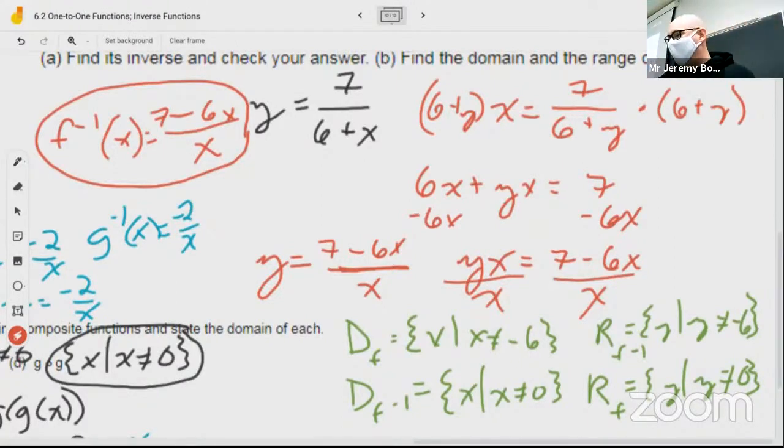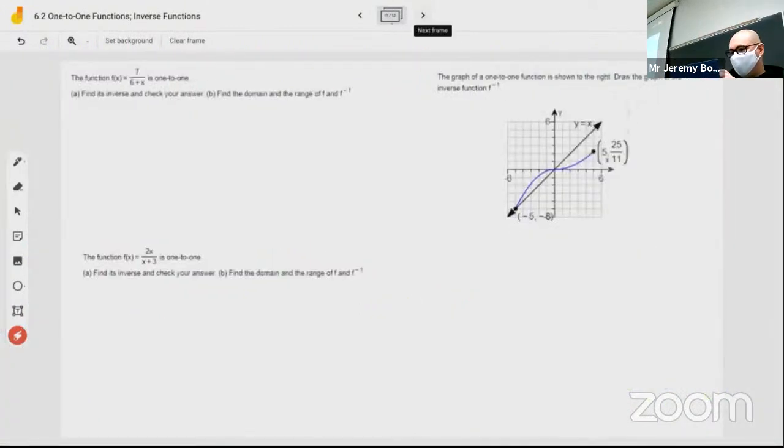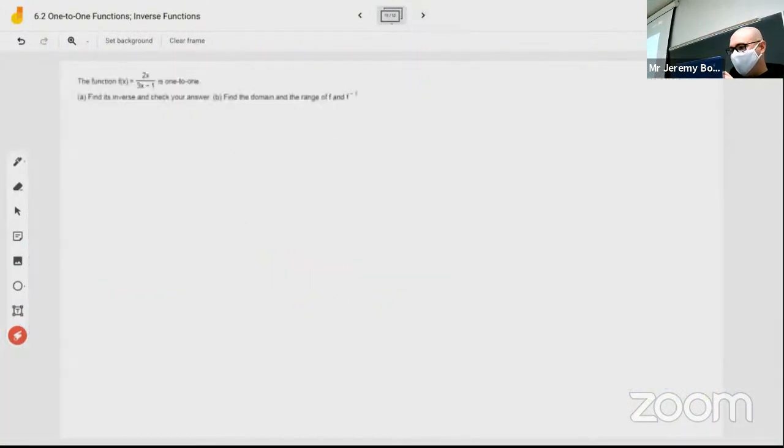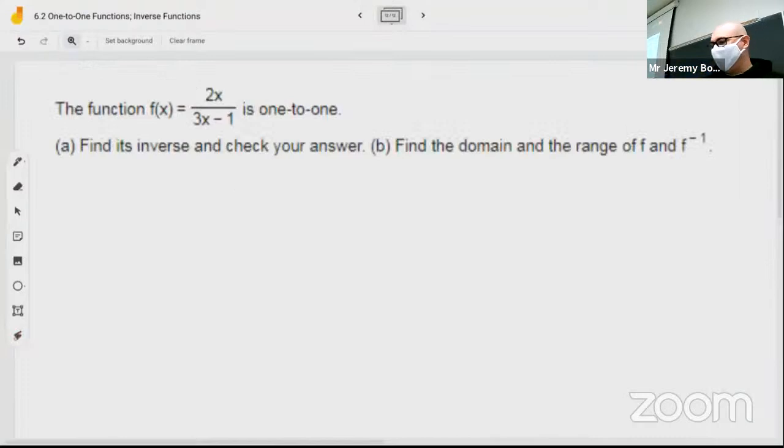All right, let's look for one good one to do. I think that's my capstone problem right there. So, f of x is equal to 2x over 3x minus 1. It's a 1-to-1 function. We want to find its inverse and then find the domain and range of f and f inverse. Huge problem.